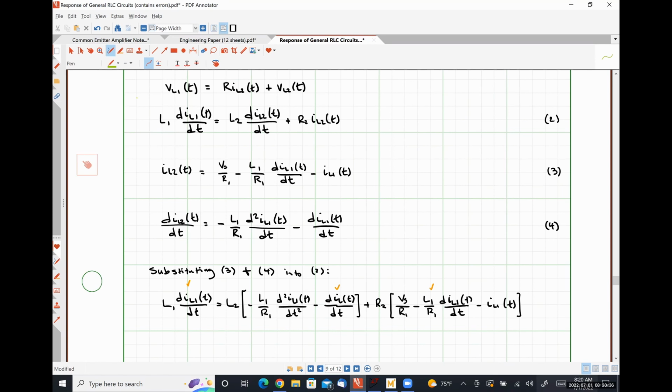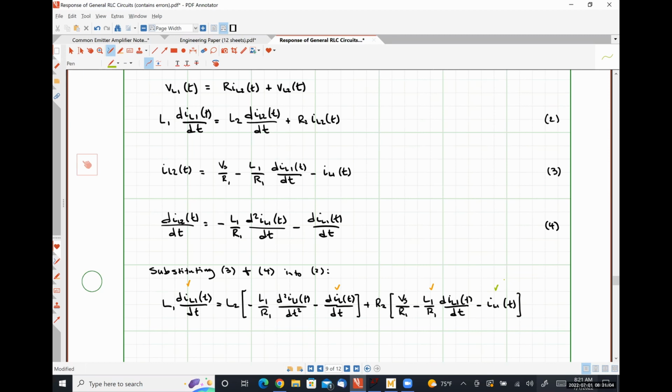So the only time that the 0th derivative shows up, unless I'm missing something, is this guy right here. I don't see any other IL1s that don't have a derivative associated with it.